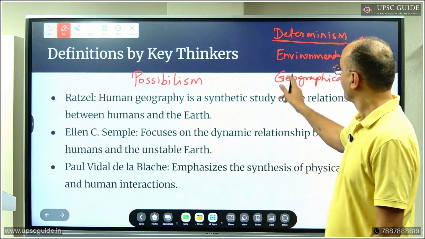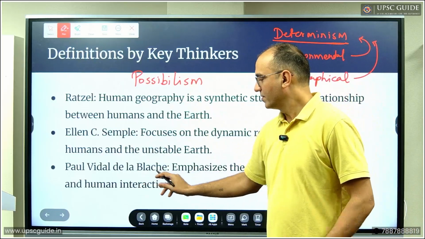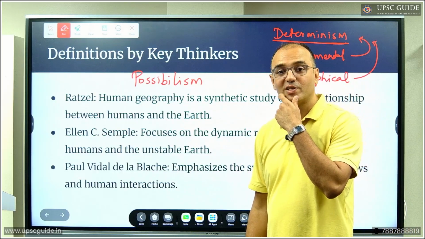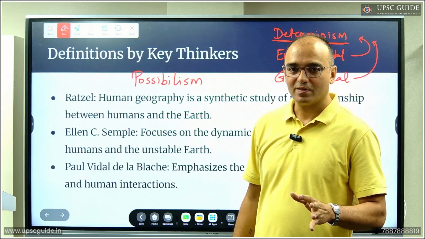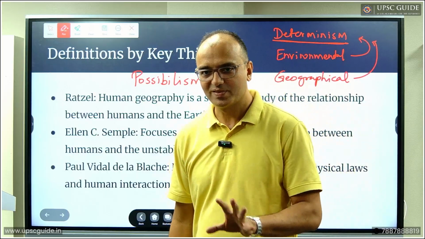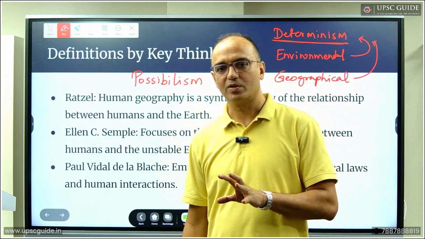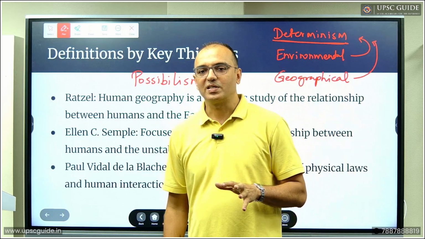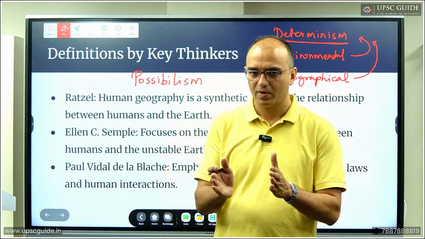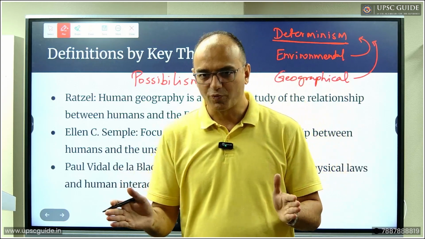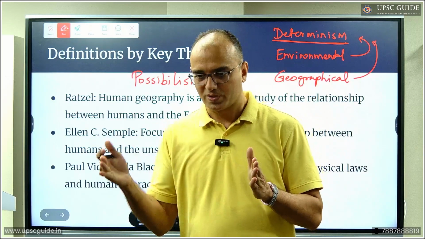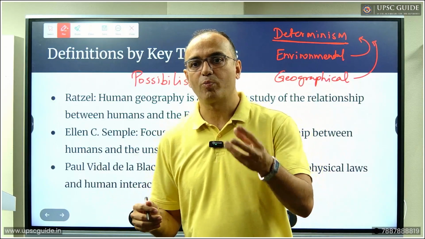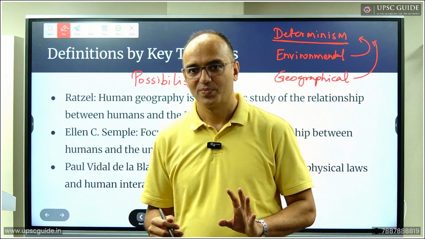Determinism is this. Possibilism, Vidal de la Blache. What is possibilism? He says he doesn't agree to determinism. He says that it is not that nature dictates all your choices. He says that nature gives you space for choices, out of which some are more probable and some are less. Understand?